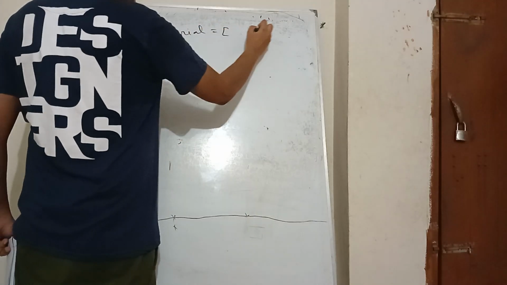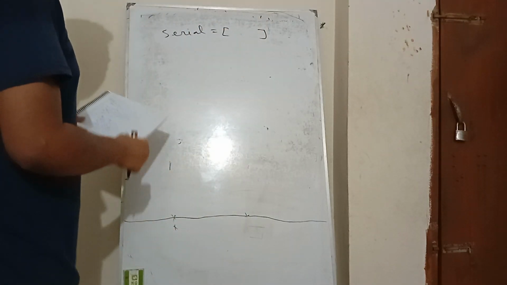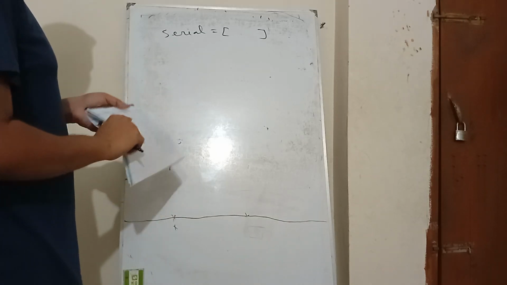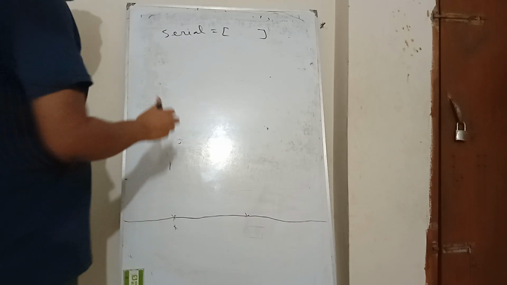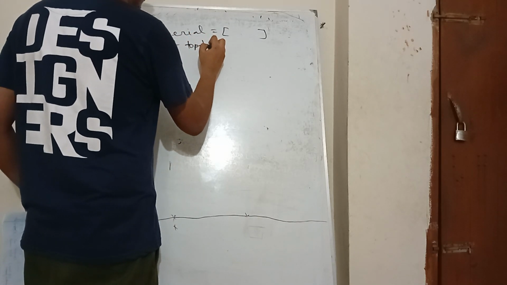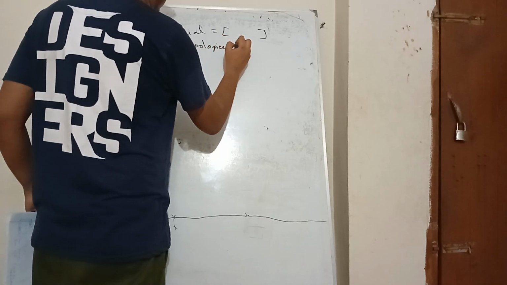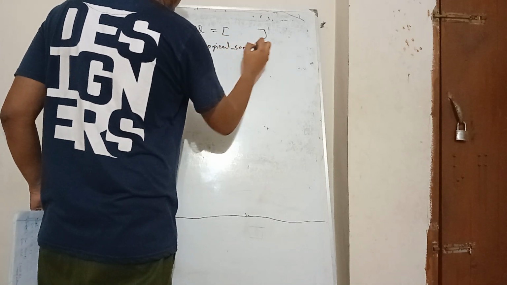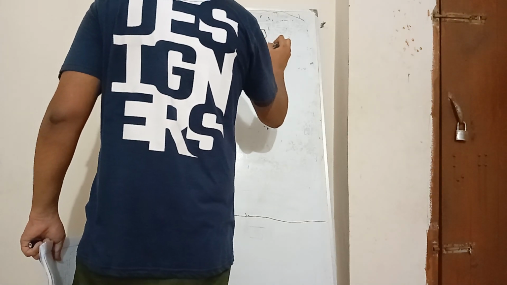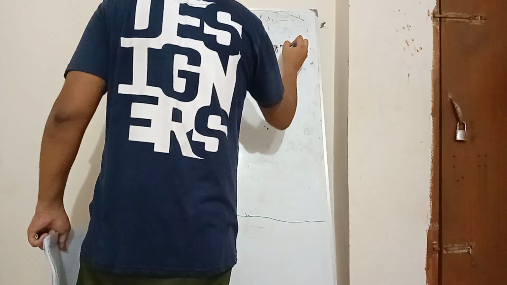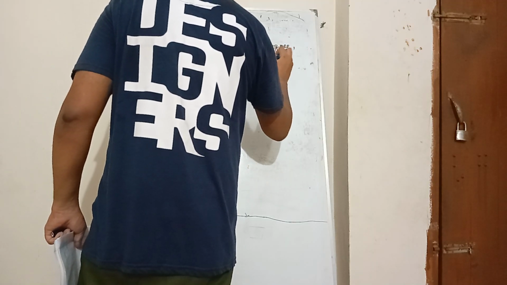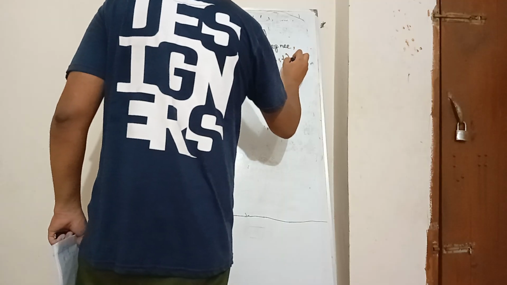Serial is our desired output of the topological sort. Define topological sort. What we pass: in degree, and we pass the adjacency list of the graph.